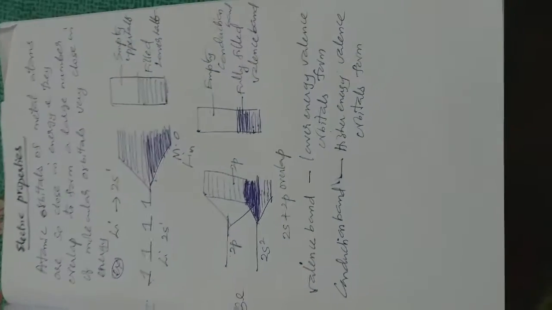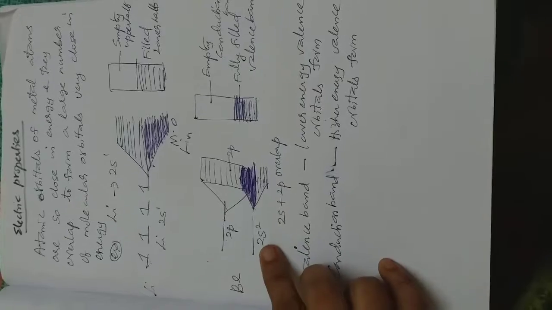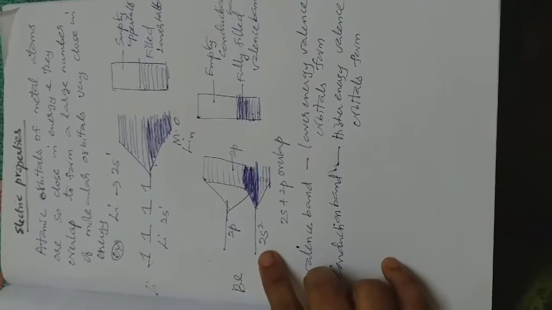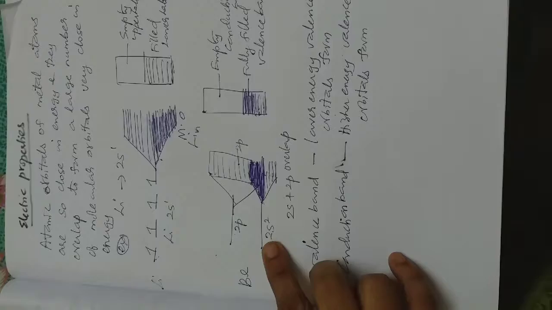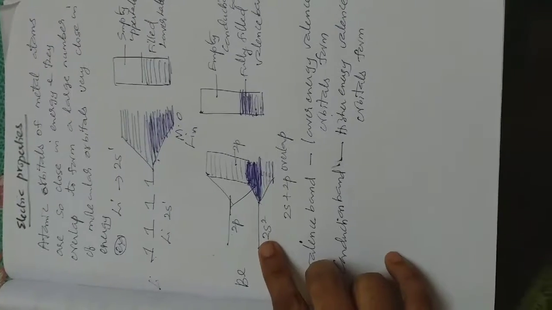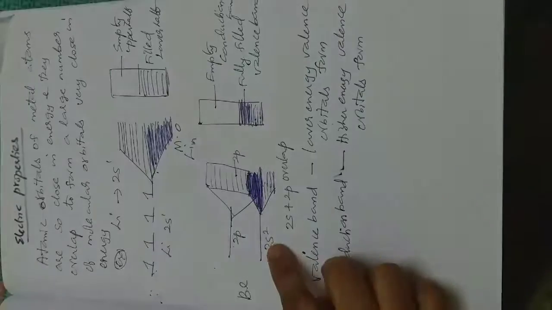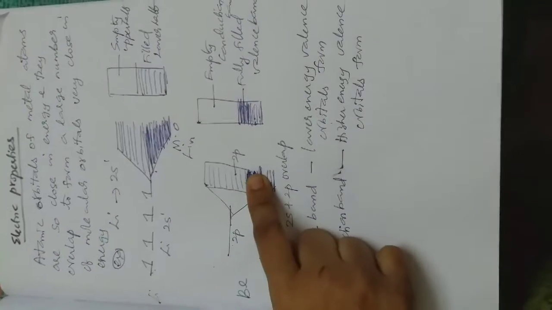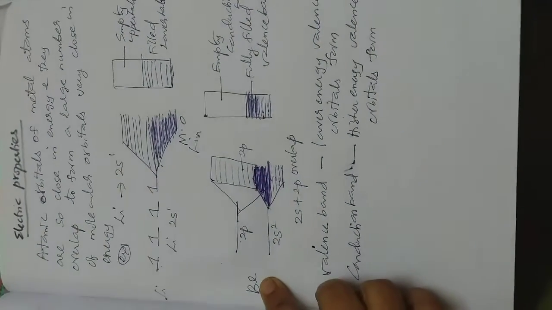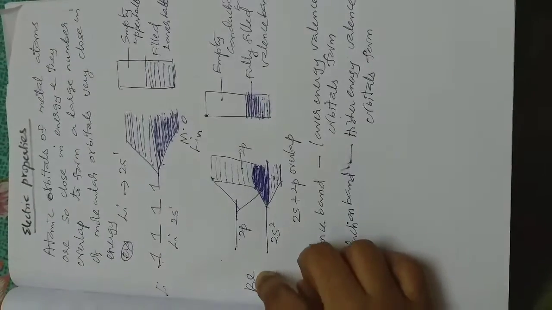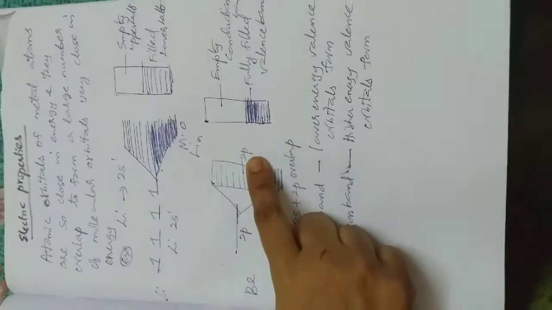Now take beryllium. Beryllium's electronic configuration is 2s2, 2p0, and 2s2 is fully filled. Now the band formed from the 2s orbital will be completely filled, hence no conduction of electricity occurs. Actually, beryllium is a good conductor of electricity because the 2s orbital will overlap with the empty 2p orbital.